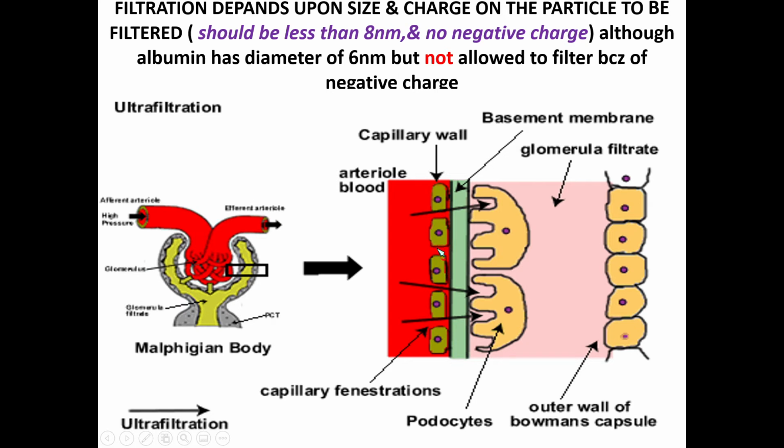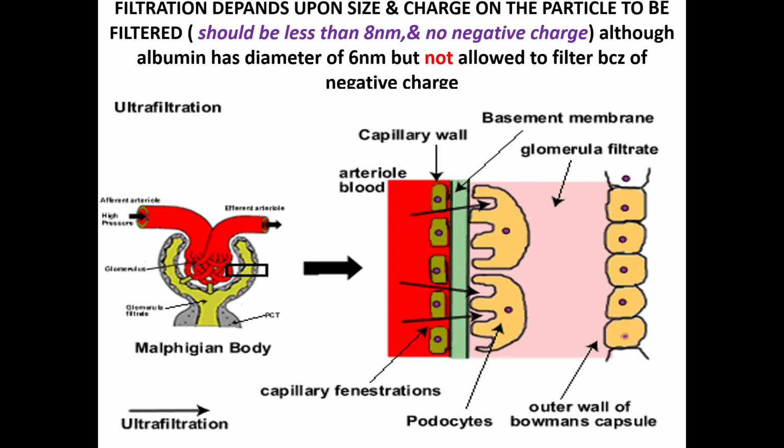You can easily see there are spaces between the endothelial cells. The light green color is your basement membrane. So: endothelium, fenestration, basement membrane. We will see the basement membrane in detail.